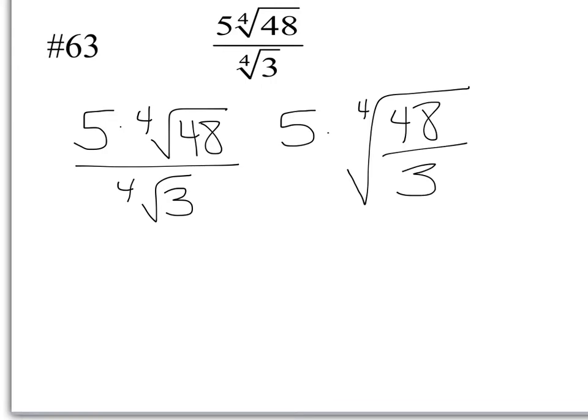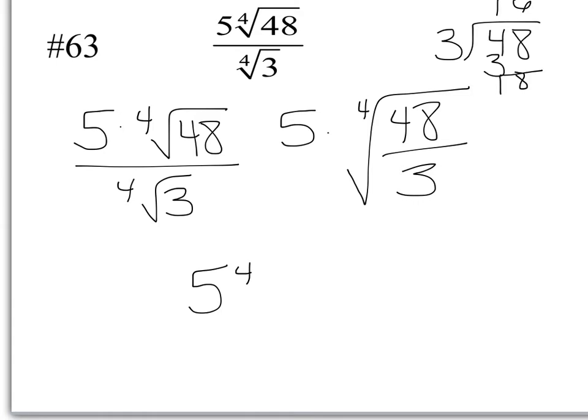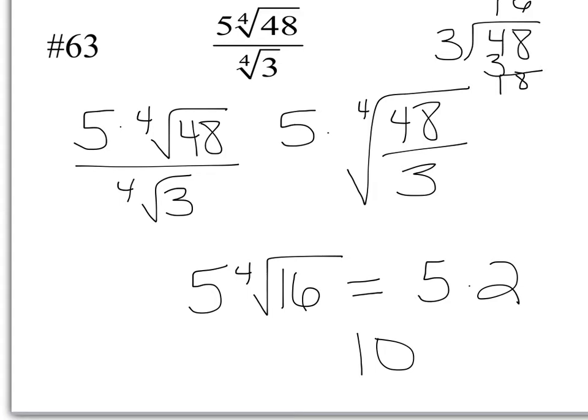And then if we take 48 and divide by 3, you get 16. Okay? So then we have 5 times the fourth root of 16. And we all know by now that the fourth root of 16 is 2. So this is technically 5 times 2, and we know that 5 times 2 is 10.